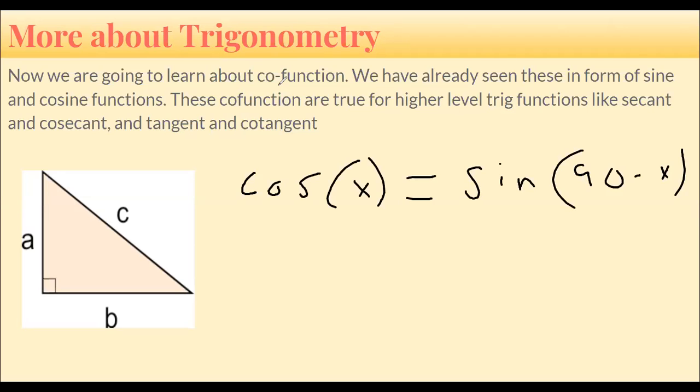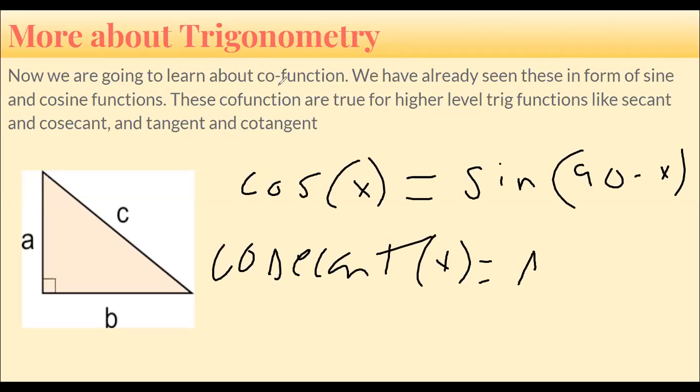This is true for all other cofunctions. If you have cosecant x, it is equal to secant of 90 minus x. This is true for every cofunction. This is even true for the tangent.